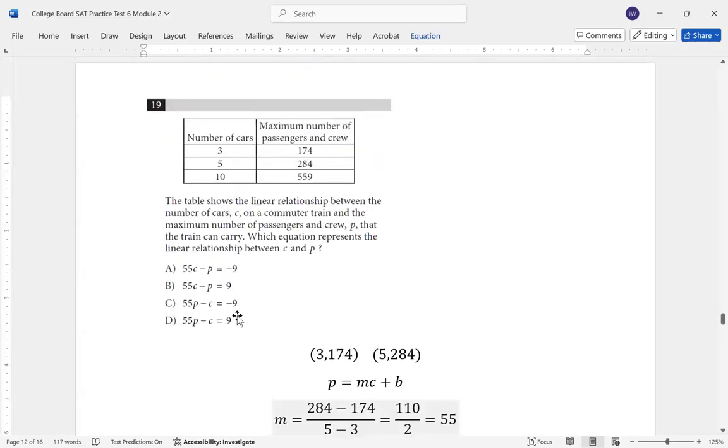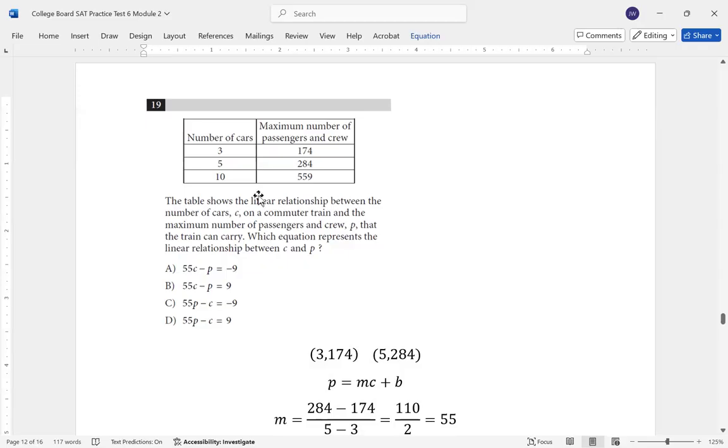If I look at the options, that's option A for 19. Now, what I did here is the algebraic approach to doing 19. You could have also plugged in each of these 3 points and seen which one of these equations gives you a true statement.